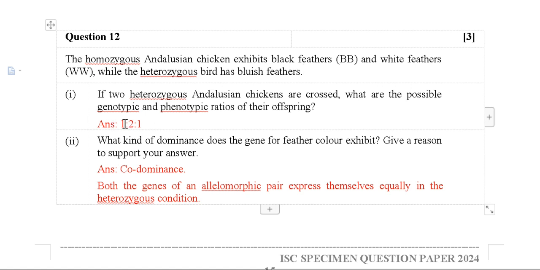We can say 1 is for BB, 2 is for BW, and the last is for WW. So this indicates the ratios expressed genotypically as well as phenotypically are 1:2:1.